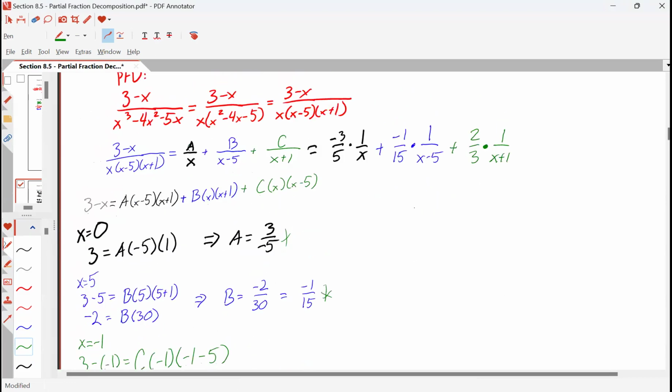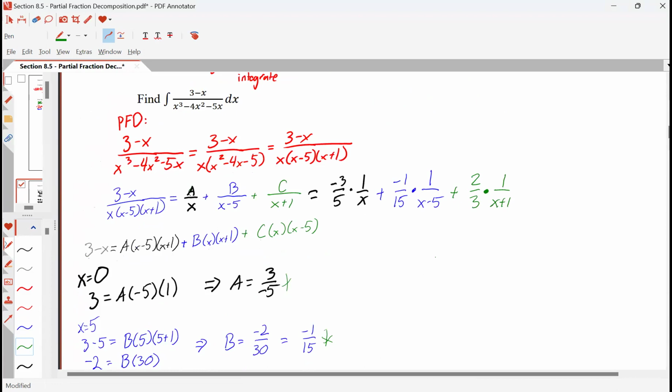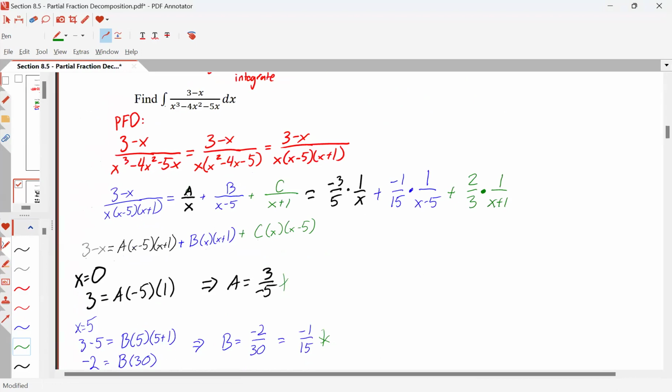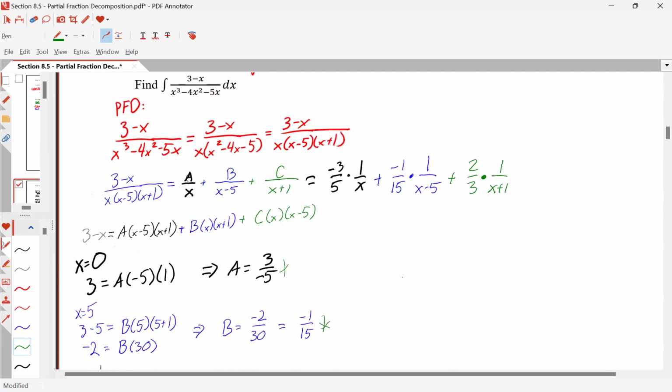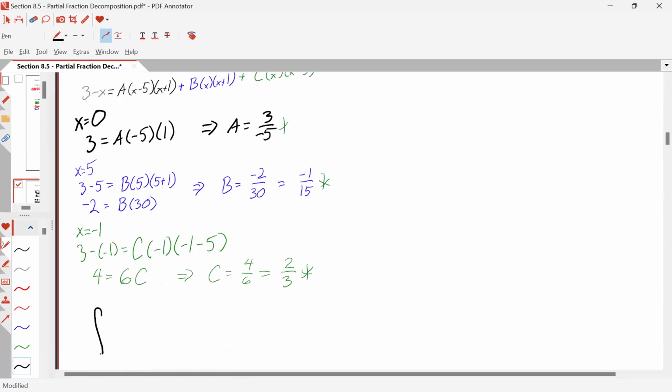So now after this partial fraction decomposition, I want to integrate 3 minus x over x cubed minus 4x squared minus 5x. So integrate 3 minus x over x cubed minus 4x squared minus 5x dx.